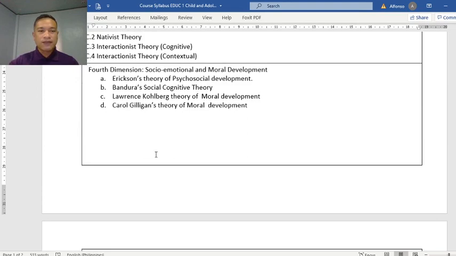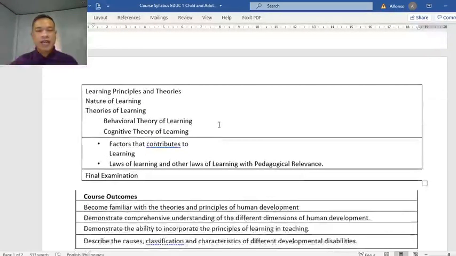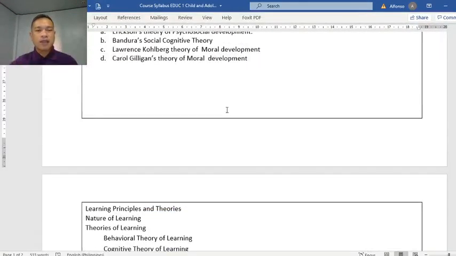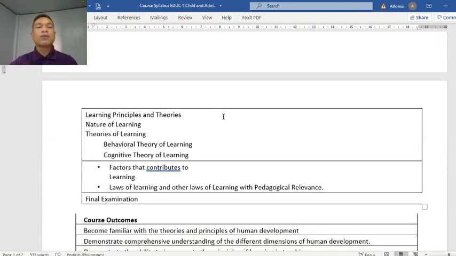And then after the fourth dimension, this is now the time that we are going to explore what learning is, including the learning principles and theories, the nature of learning, how people learn, what learning is exactly. So we are going to look at the theories of learning.